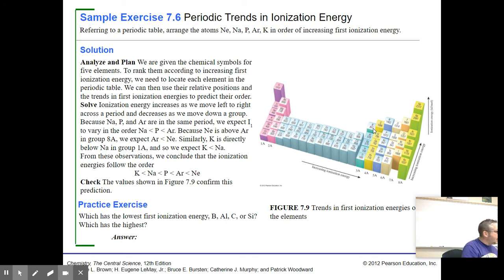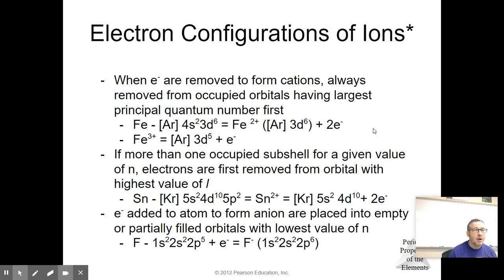All right, we are getting down to the nitty-gritty of these sections and getting close to the end of our video. But now we're shifting our focus to the electron configurations, this time of ions, okay? We've done a lot of electron configurations, especially in the last chapter, but let's look at how we go about creating electron configurations of ions when we either add or remove electrons.